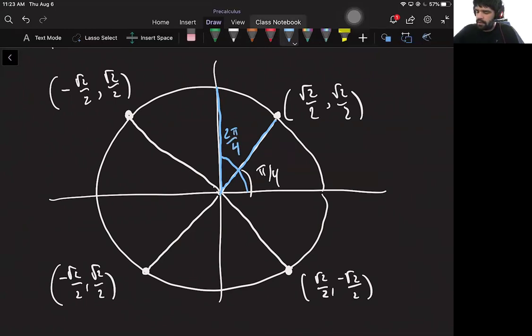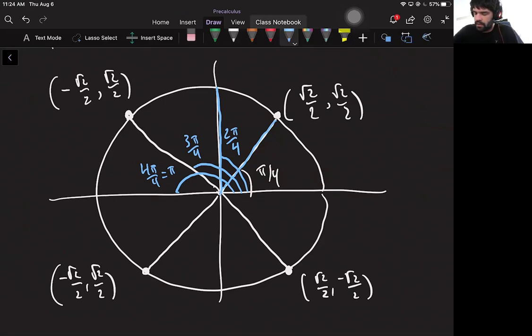And then the next one is I add another pi over 4, and I get to 3 pi over 4. And then I add another one, and I get to 4 pi over 4, which is actually just pi, which we already knew. So to get to these other corresponding points that look sort of like the point for pi over 4, you just have to keep adding pi over 4s.